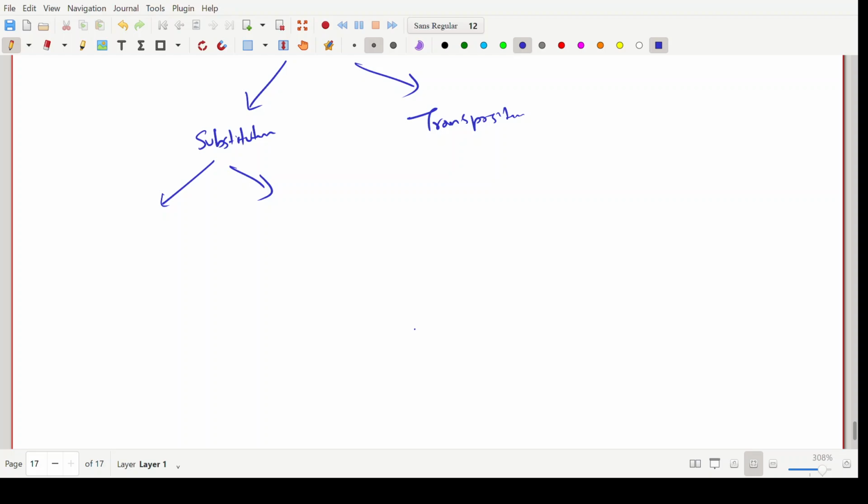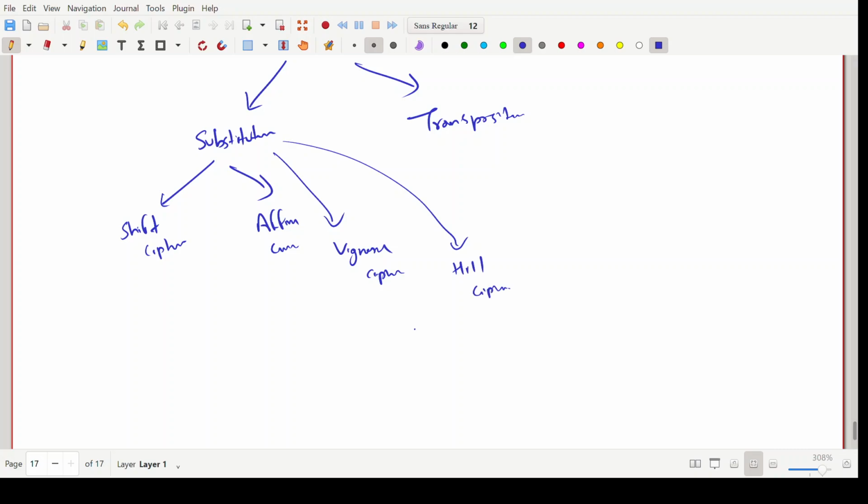It has shift cipher, affine cipher, Hill cipher, Vigenere cipher, I think one more was there.